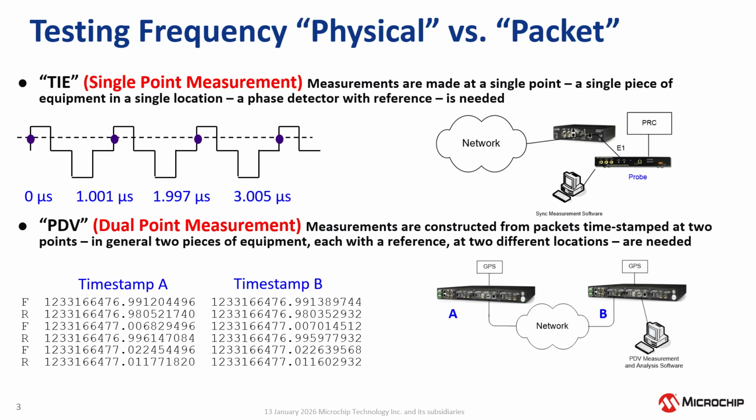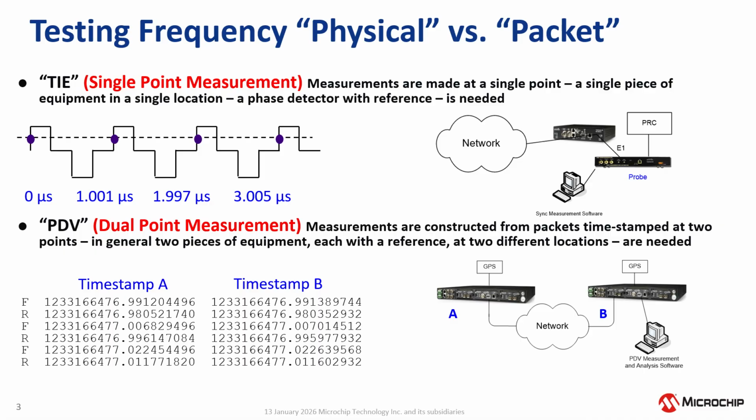It is useful to look at both testing of physical signals and packet signals and get some feeling for what's going on when we're testing packet networks. I start here with a diagram of a physical signal. A nominally 10 megahertz signal is shown with timestamps on the rising edges.